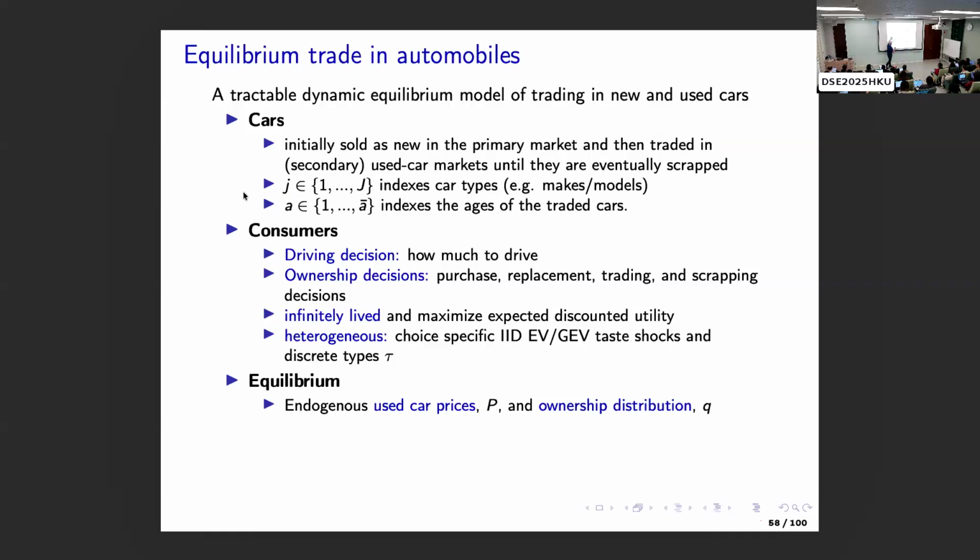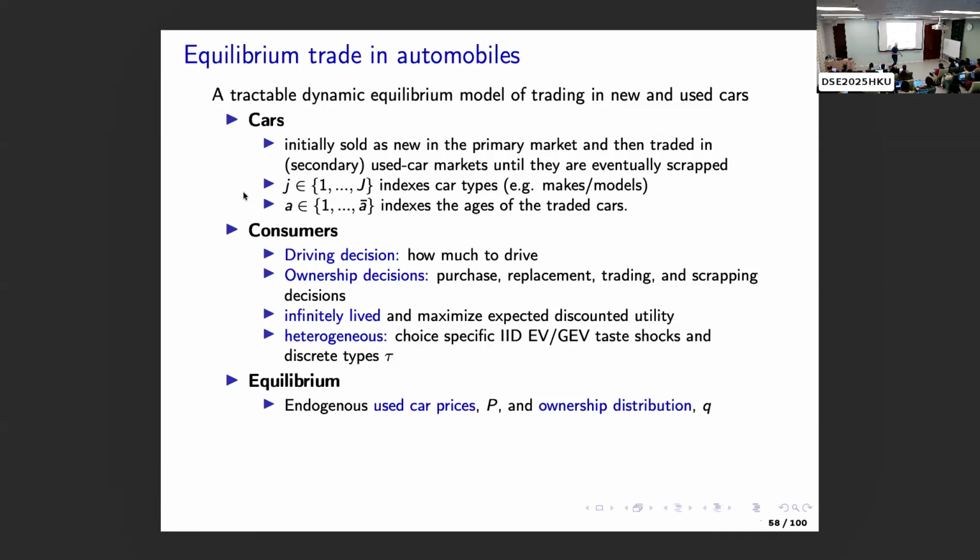And then the consumers are making driving decisions. You need that in the model, otherwise it's hard to say anything about changes on the driving margin when you're changing the gasoline tax. And they're making ownership decisions like purchase, replacement, trading, and scrapping decisions. They are infinitely lived and maximize expected discounted utility.